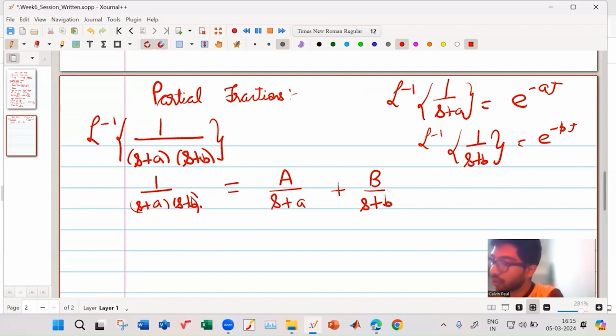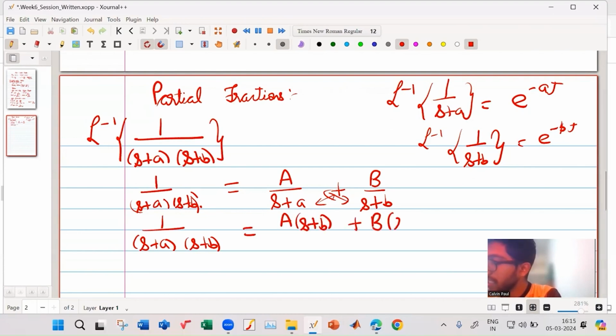So what we do is we cross multiply. So we get 1 upon (s plus a) into (s plus b) equal to A into (s plus b) plus capital B into (s plus a) upon (s plus a) into (s plus b).